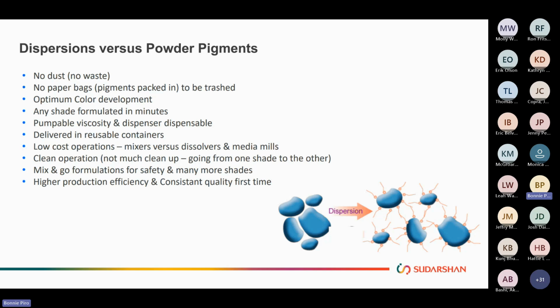Obviously, no dust, so there's no waste of the physical pigment itself, if none of the material goes up your ventilation system as you're dumping the bags into the batch. Also, there's no waste coming from the actual packaging materials that they come in. So that's one advantage.